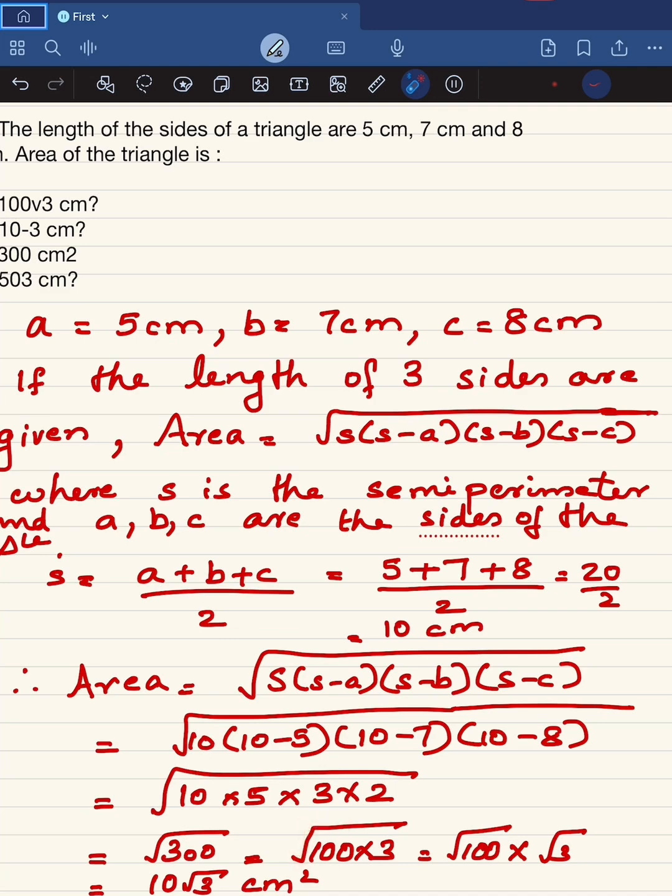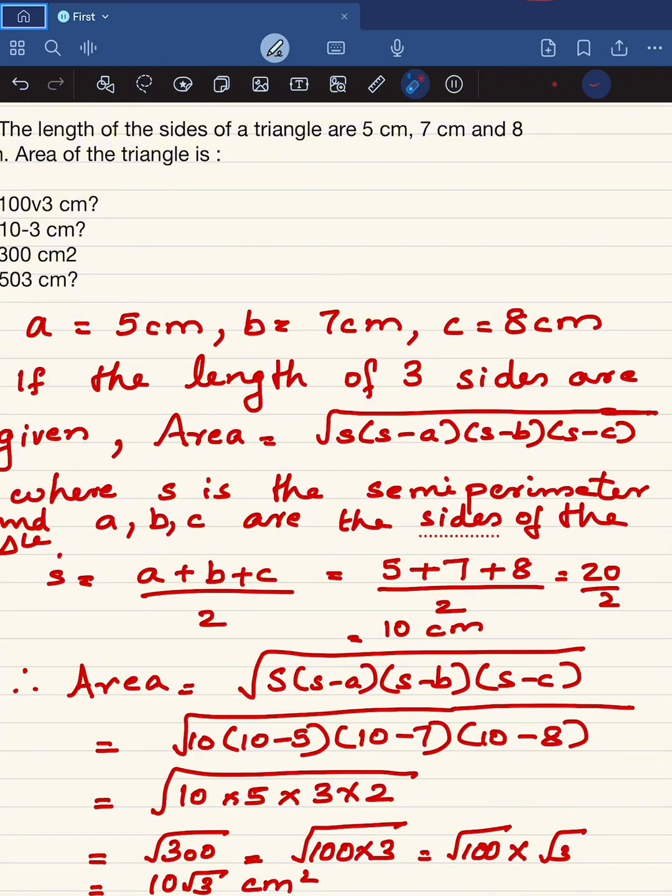Root of a into root of b is equal to root of ab; this is the property of multiplication. By that property we can write root of 100 into root of 3. Root of 100 is 10, because 10 into 10 is 100.